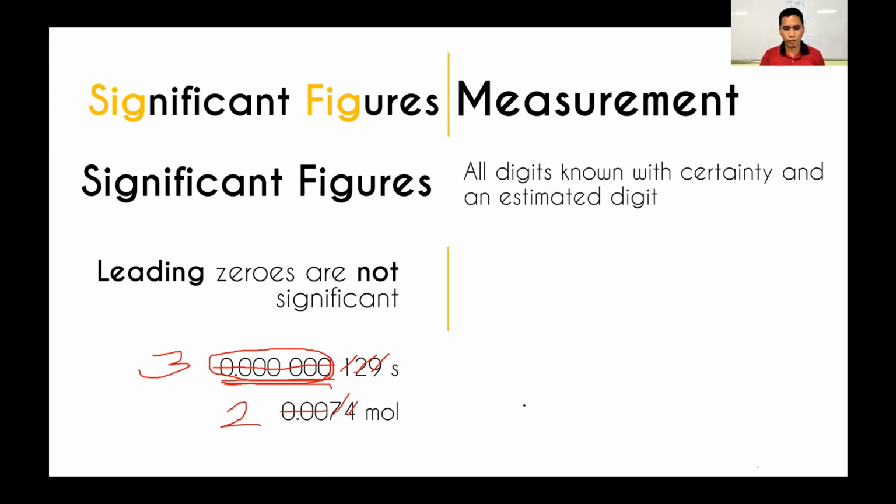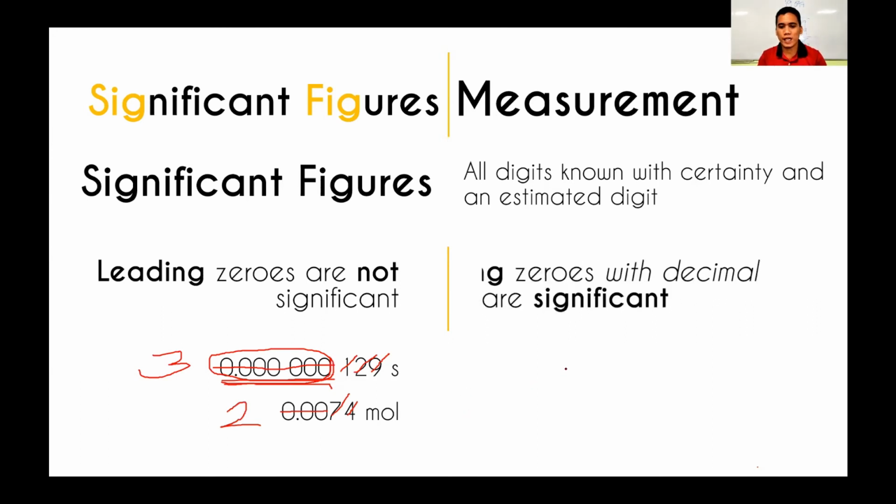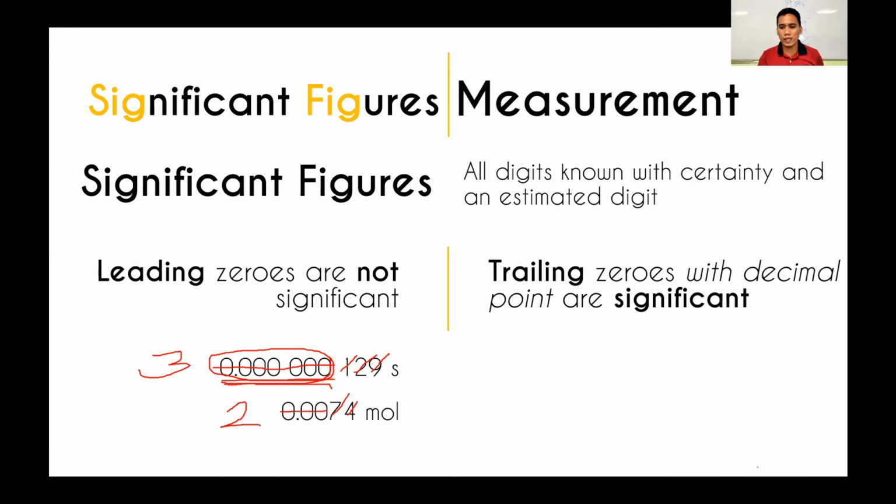Okay. If leading zeros are not significant, trailing zeros with a decimal point are all significant. So what do we mean by trailing zeros? Those are zeros in the end part. So regardless of whether it has a non-zero digit between it or none, as long as it has a decimal point, we can consider it as significant.